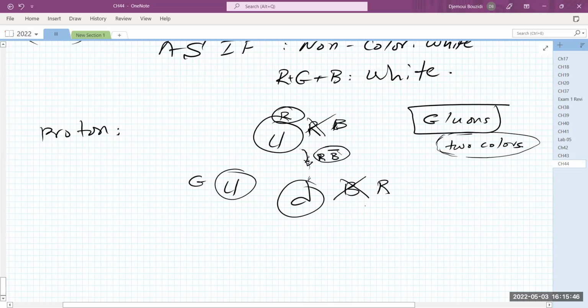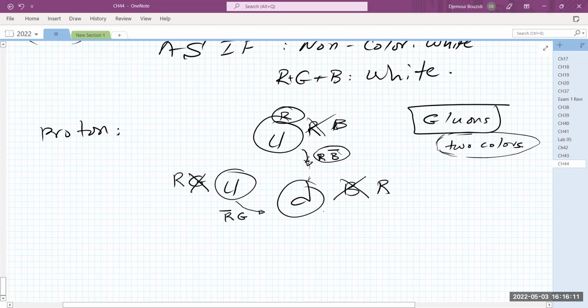Now this one in here became red, and this one is green. The green one, for example, can exchange also. It loses its anti-red and loses the green. So when it loses its anti-red and loses its green, first of all, it's no longer green. But then it lost its anti-red, so it becomes red.